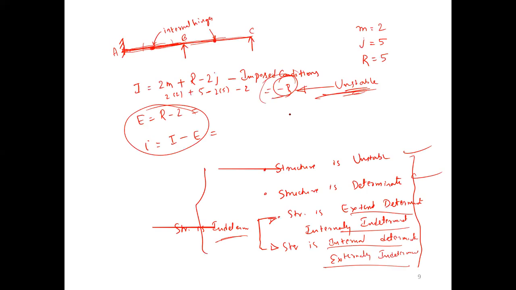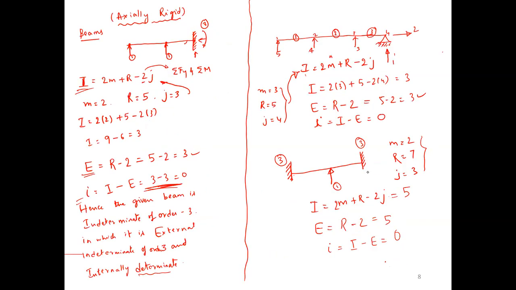Sir, in the previous problem, it was both externally and internally indeterminate, right? In the previous problem we are getting a negative value, so it's unstable. No, sir, the one before this. Here I is 0, right? This is internally determinate, externally indeterminate of order 5.